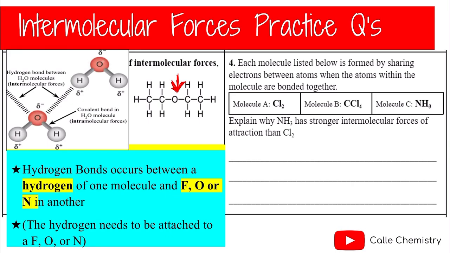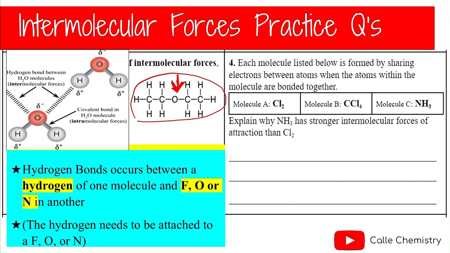This molecule will not experience hydrogen bonds. And the reason for that is because a hydrogen needs to be attached to a fluorine, an oxygen, or a nitrogen in order to experience hydrogen bonds with another molecule.